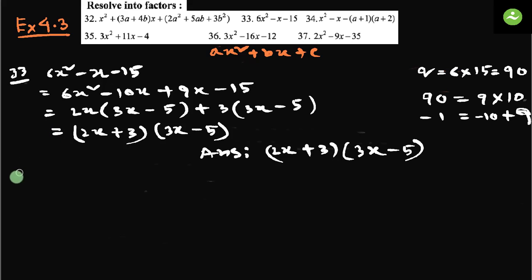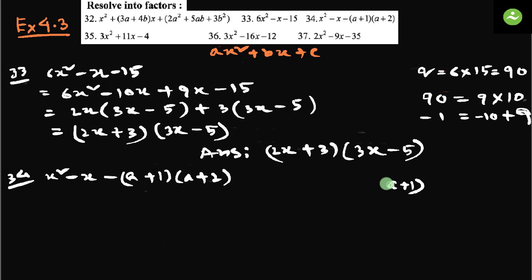Next is 34. x square minus x square minus x minus (a plus 1) into (a plus 2) minus (a plus 1) into (a plus 2). Here the product is (a plus 1) into (a plus 2).